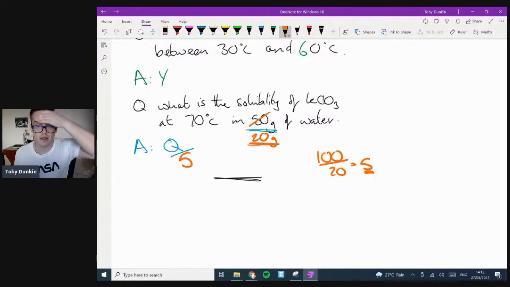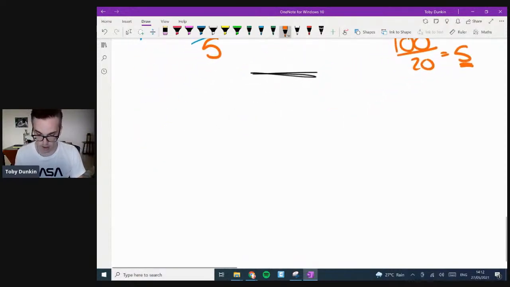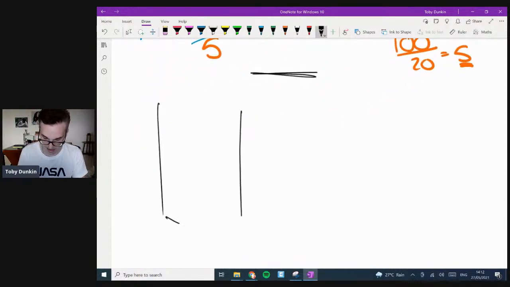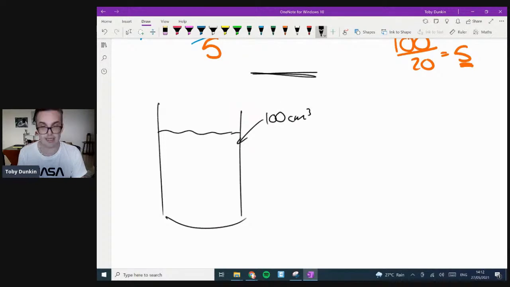Does that make sense? I can explain it to you in a slightly different way if you prefer. If you have the image, it's super easy. Let's say we had 100 centimeters cubed of water here. By the way, 100 centimeters cubed is equal to 100 grams.